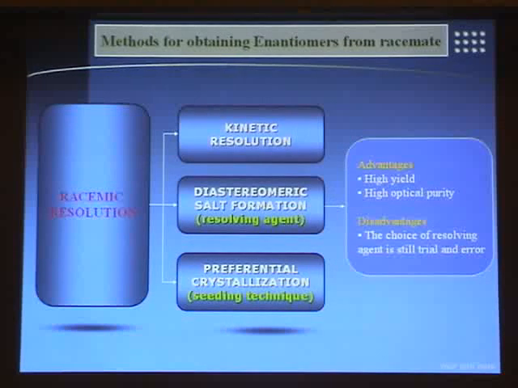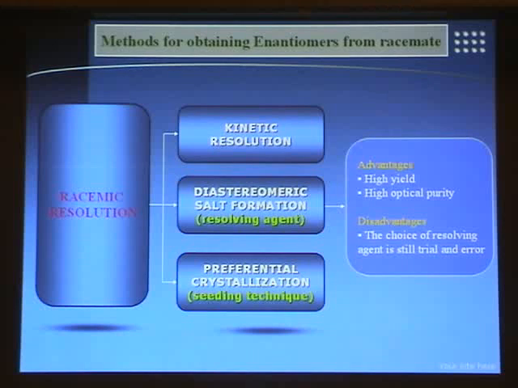For a racemic starting material, we have three chiral methods: kinetic resolution, diastereomeric salt formation, or preferential crystallization. Unfortunately, preferential crystallization only applies to conglomerates.